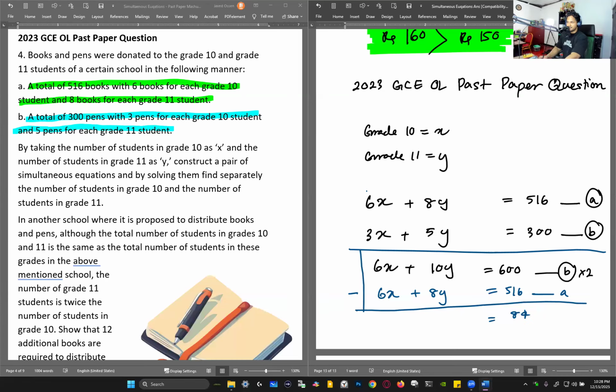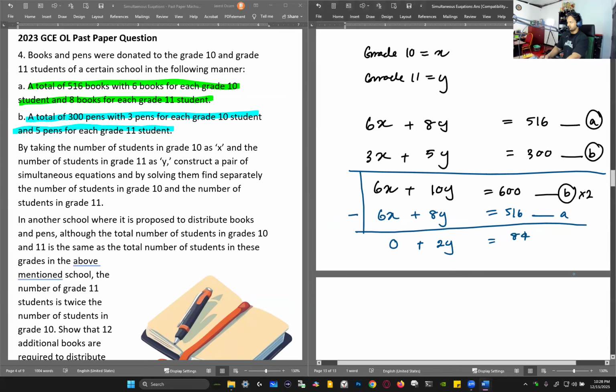10y minus 8y is 2y. 6x minus 6x is 0. So 2y equals 84, right, Miss Vadima? So how much is y equal to?